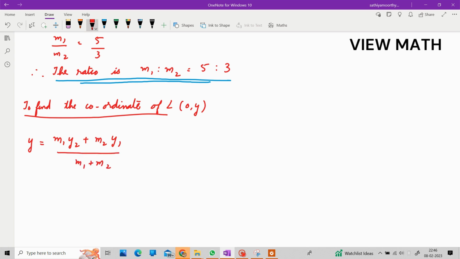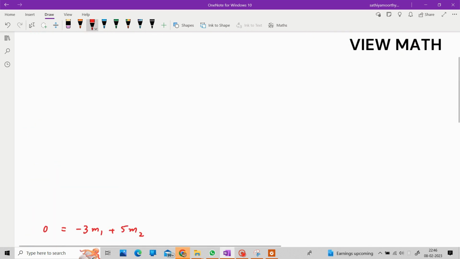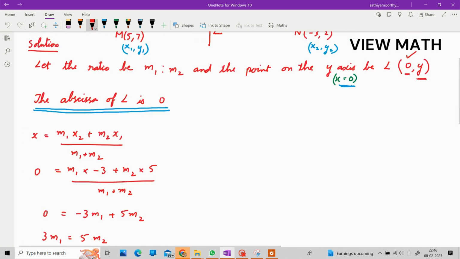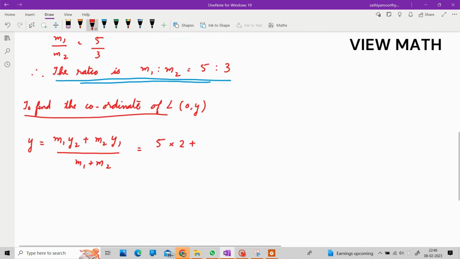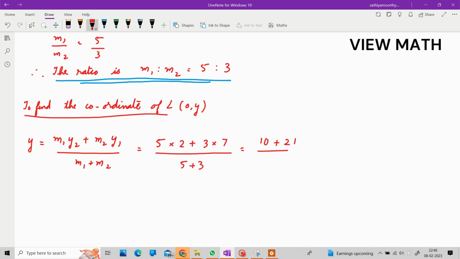Now m1 we have found out is 5 and y2 value is 2 and y1 is 7. So let me substitute it. 5 into y2, which is 2, plus the m2 value 3 into y1, which is 7, divided by m1 plus m2, that is 5 plus 3. So this is equal to 5 into 2 is 10 plus 3 into 7 is 21, divided by 8.